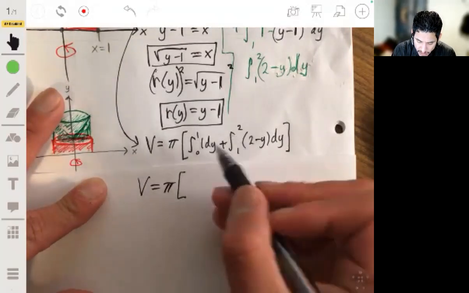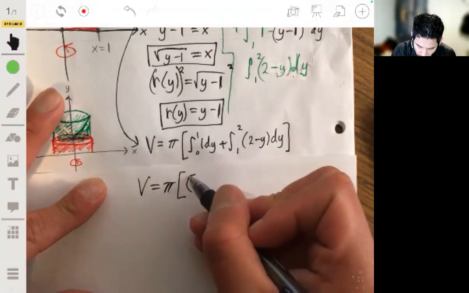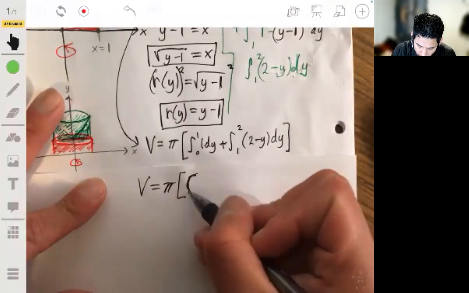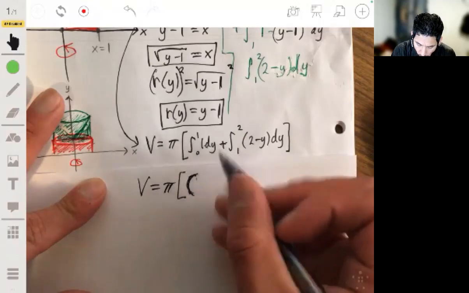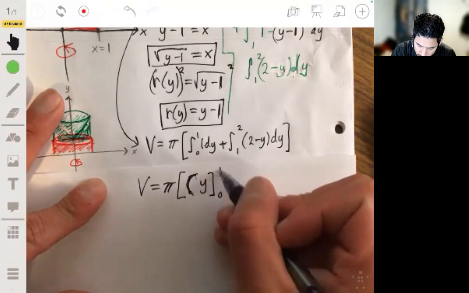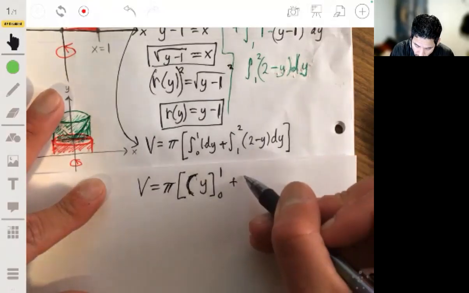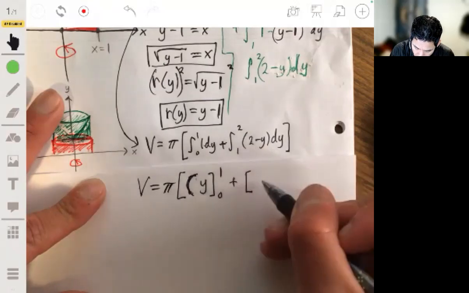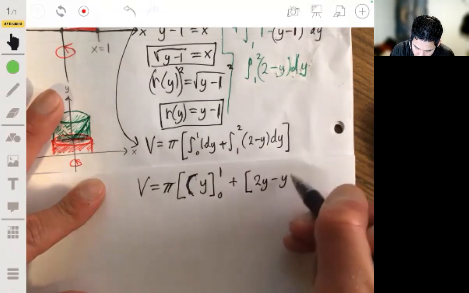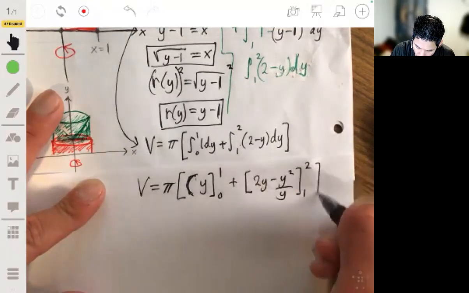So pi times the integral of 1 dy will just be y from 0 to 1, plus the integral of this one, 2y minus y squared over 2, from 1 to 2.